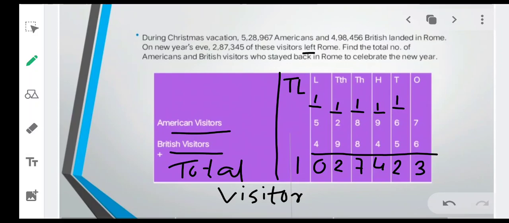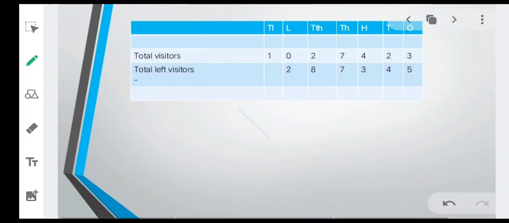Find the total number of Americans and British visitors who stayed back in Rome to celebrate the New Year. So we subtract the left visitors from the total visitors. Here you can see that I have already written total visitors minus total left visitors.